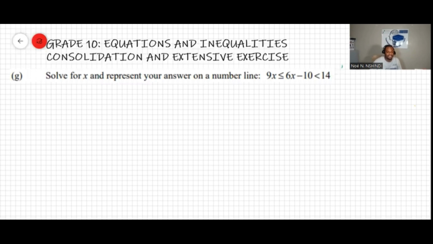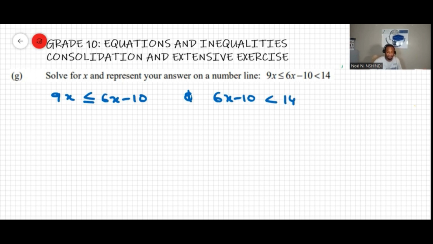The question here says to solve for x and represent your answer on a number line. We have 9x lesser than or equal to 6x minus 10, lesser than 14. This simply means that 9x is lesser than or equal to 6x minus 10, and 6x minus 10 is lesser than 14.